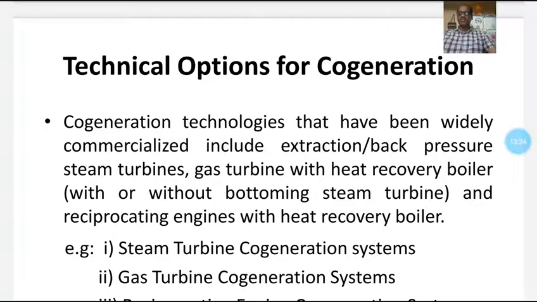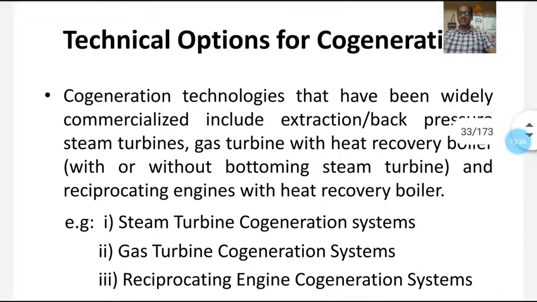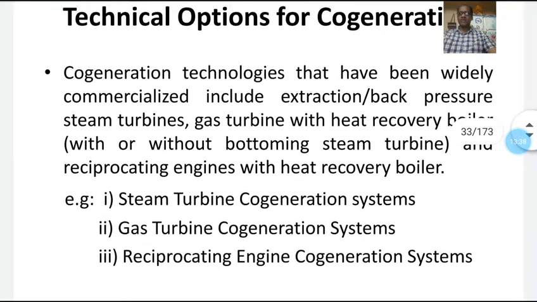The examples of these are the steam turbine cogeneration system, gas turbine cogeneration system, and reciprocating engine cogeneration system. One by one we will discuss these, the steam turbine cogeneration system first, then the gas turbine cogeneration system, etc.